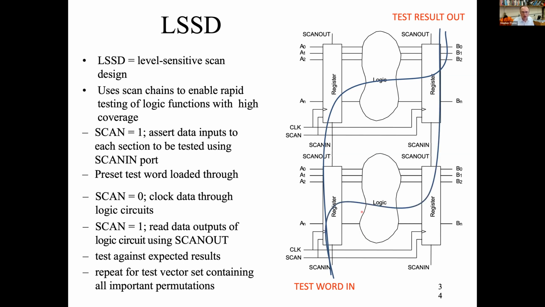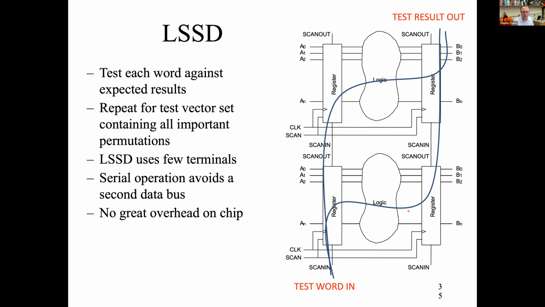And of course, you can do the same with this logic block here. It doesn't use many terminals because you're putting this data in and getting it out in a serial fashion. So it's not a big overhead in the chip design, but it does enable a lot of the key functions of the chip to be tested.